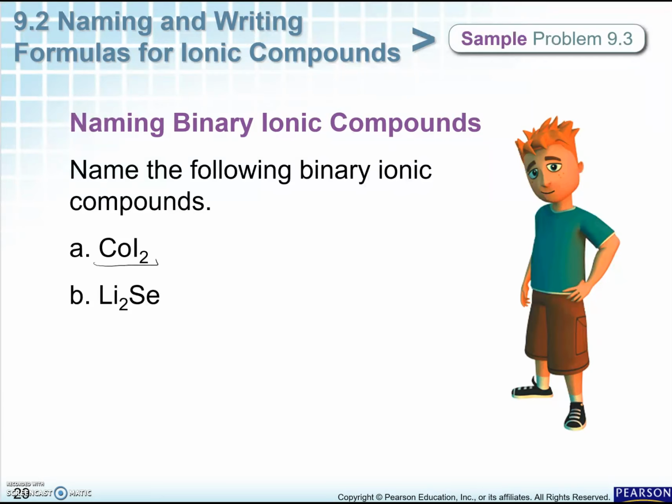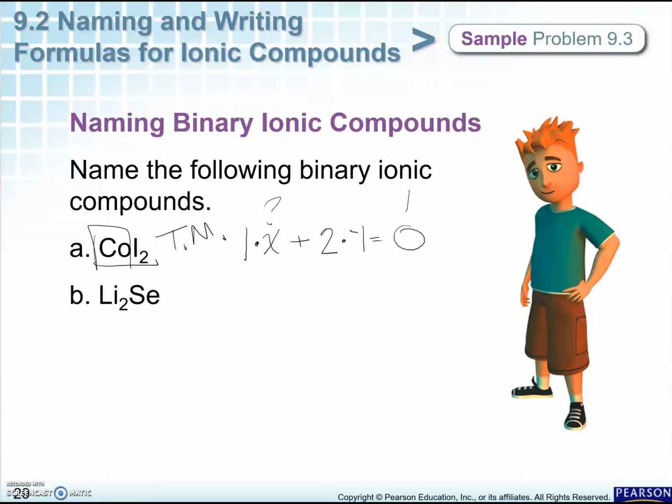So first we have, I think that's cobalt and iodine. So first thing to notice is that cobalt is a transition metal. So we have to figure out what the charge of it is. So we write how many we have times its charge, which we don't know, plus iodine, which we have 2 of those, and iodine's charge, which is -1.